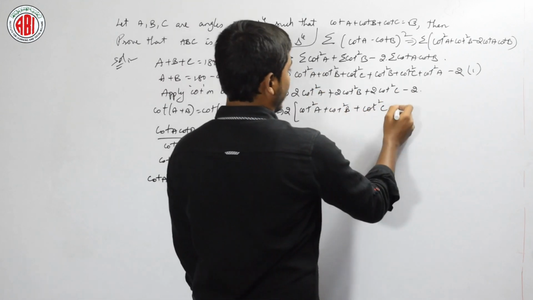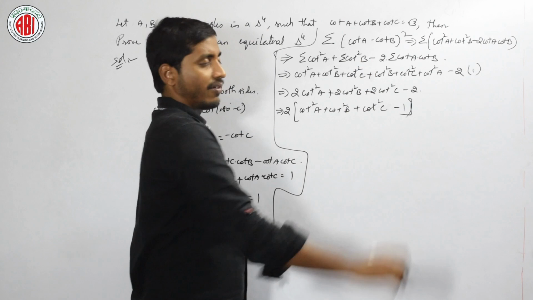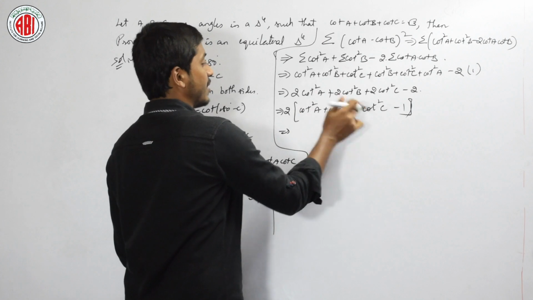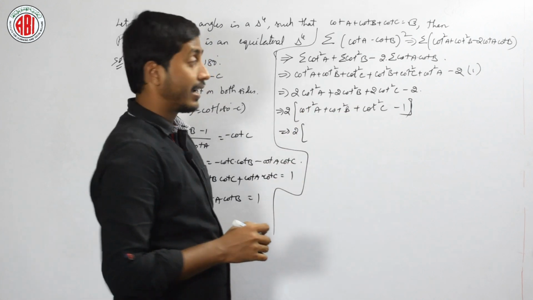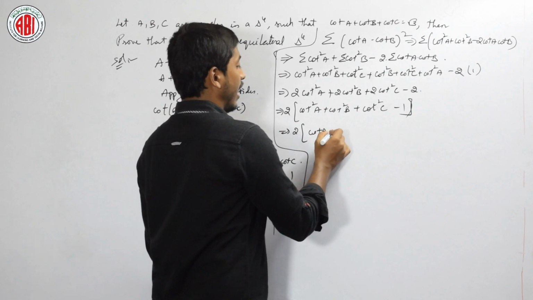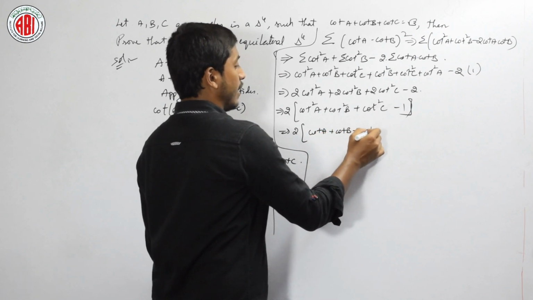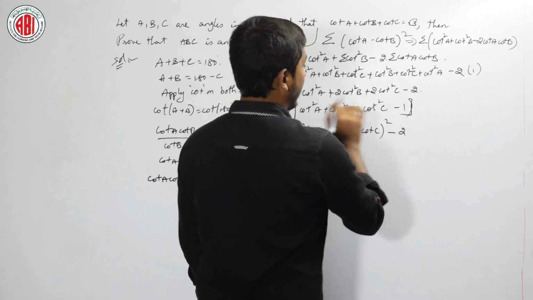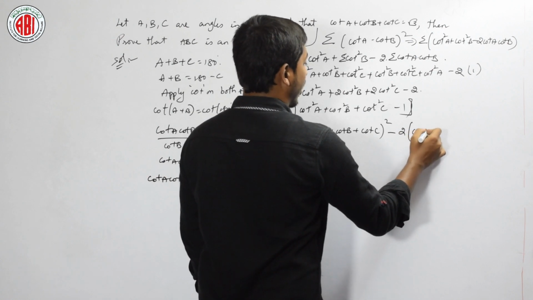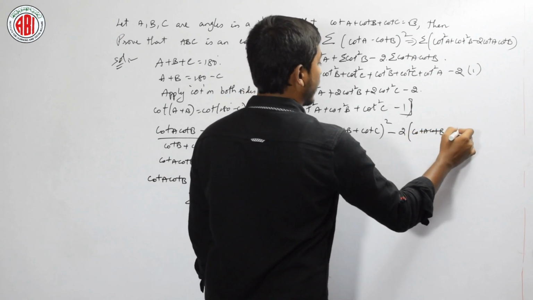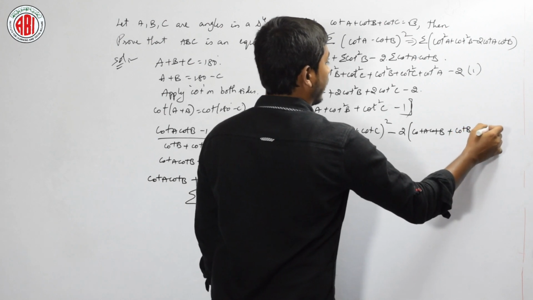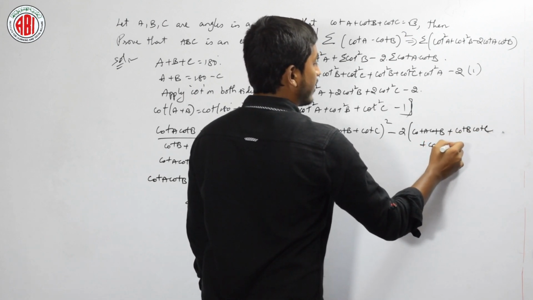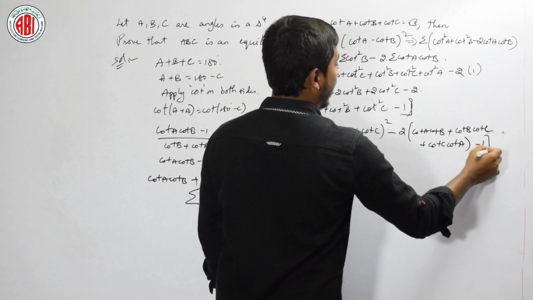Let us take 2 common from this also, so we get 1. Now see here, this is in the form of A square plus B square plus C square, that can be written as A plus B plus C whole square minus 2 times AB plus BC plus CA, that is cot A cot B plus cot B cot C plus cot C cot A, minus 1.